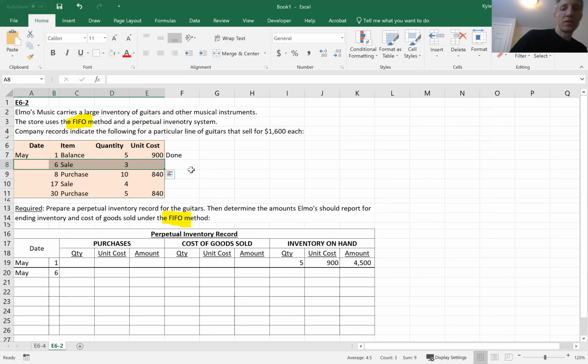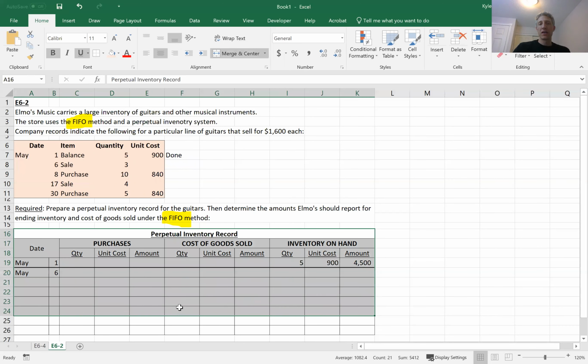We sold 3 units. I know there isn't a unit cost amount given here, and I actually don't need to know the sales amount in order to solve this problem. The purpose of the schedule down below is to calculate the cost of goods sold, not our revenue for this sale.